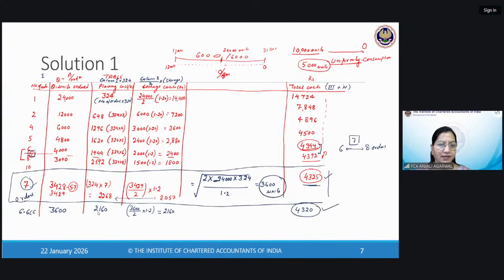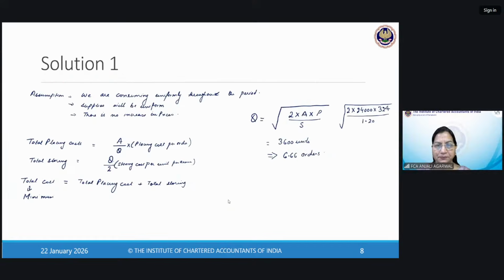So you can see that at EOQ, placing cost and storage cost are exactly equal. You can also find the total of placing and storage cost using this formula: 2 into A into P into S. Instead of P, you can also use O. Instead of A, you can also mark it as U, usage.